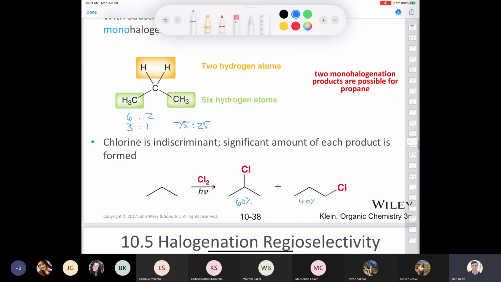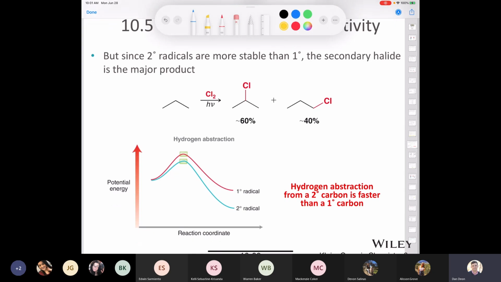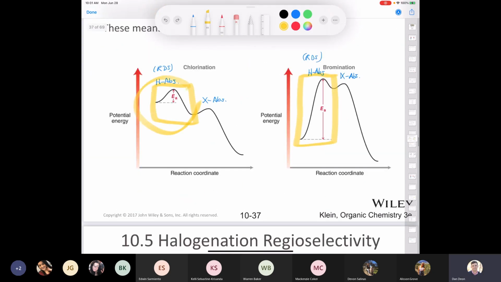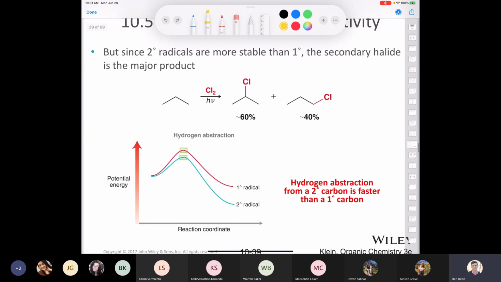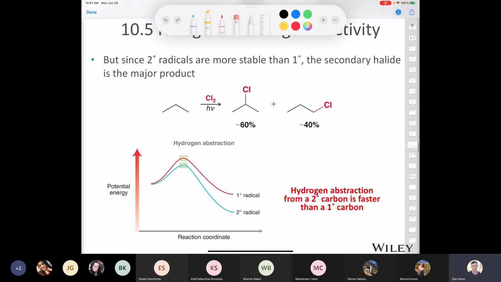The reason is based off of that first step. What you're looking at in this picture, let's back up, it's this right here. We're going to zoom in on what's in this box, and take a look at the activation energies and the radicals that are produced when we do the hydrogen abstraction to make these two products.